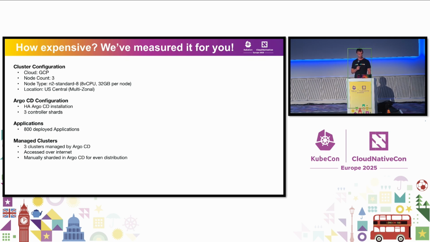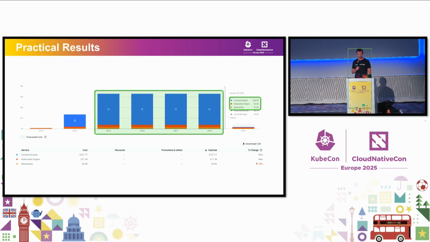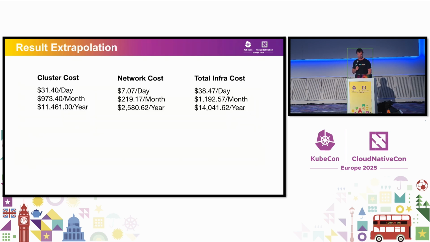Next, we installed Argo CD on it, and deployed 800 applications across 3 managed clusters, and we did not count the cost of those managed clusters because those represent your workload clusters. And this is the result. This slide is mostly to prove that we did run it. We kept it for almost a week, and later we took the most important numbers, and we got this.